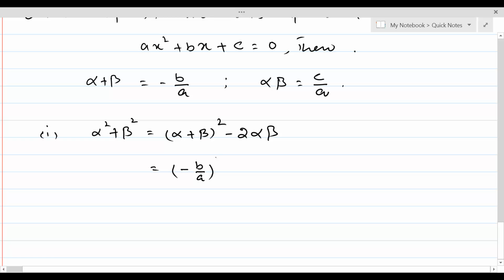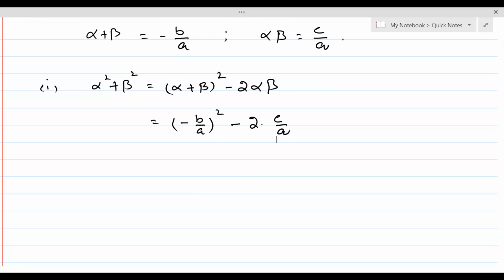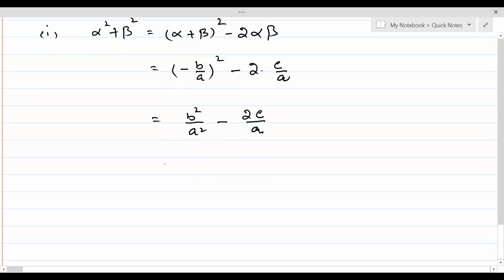So if we take the square of this, minus 2 times c over a, this is what was required of us: b square over a square minus 2c over a, and here we can take the LCM, that is a square, and this will be b square minus 2ac.